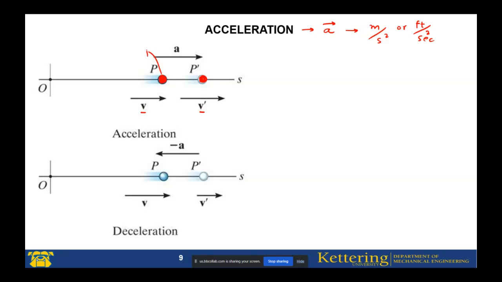At this point the time is t, and at this point the time is t prime. Now, the acceleration of the particle can be found by finding the difference between the velocities over delta t. This is the acceleration of the particle, and this acceleration is called average acceleration.